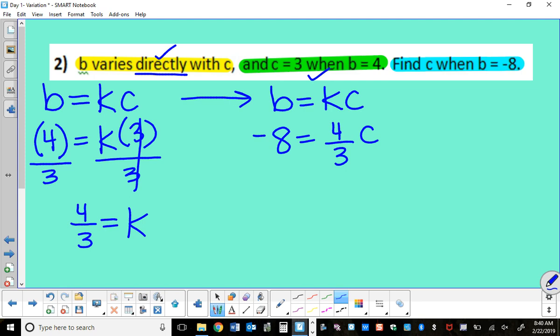So we have negative 8 equals 4/3 C. You can use a couple different ways, but I'm going to get rid of a fraction. So I want to get rid of 4 over 3. I'm going to multiply it by the reciprocal, which is 3 over 4. I do that to both sides.